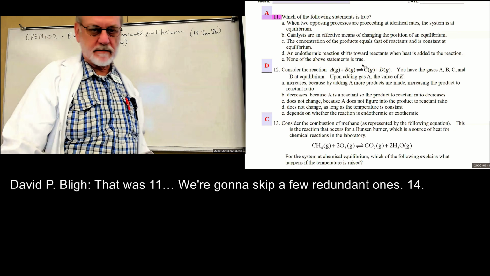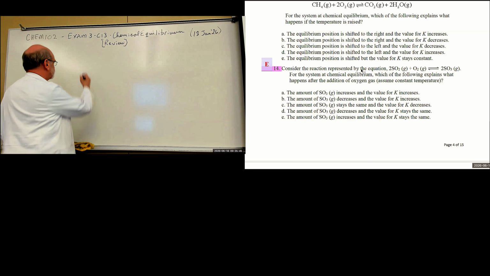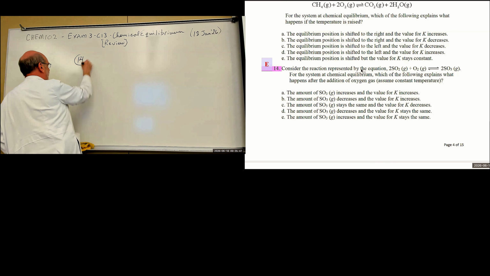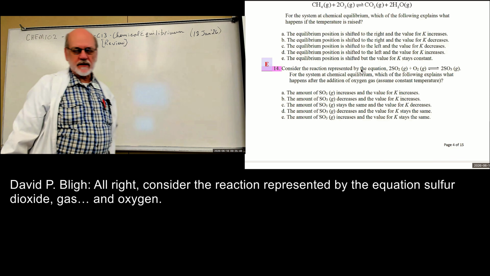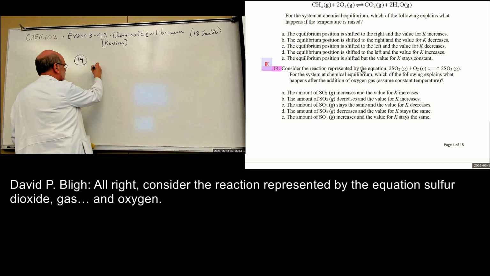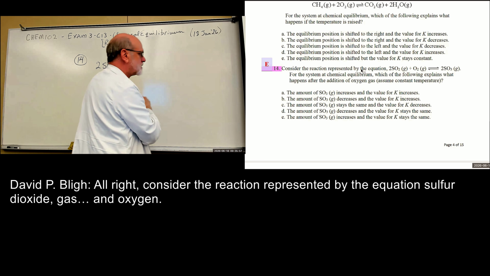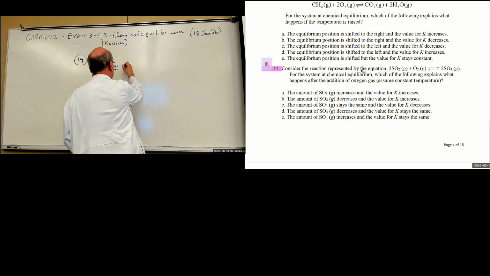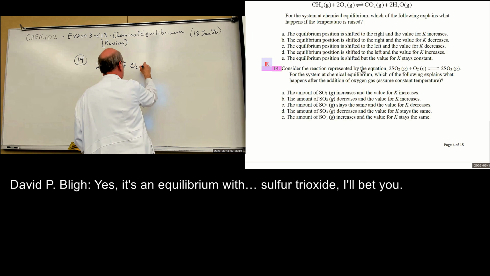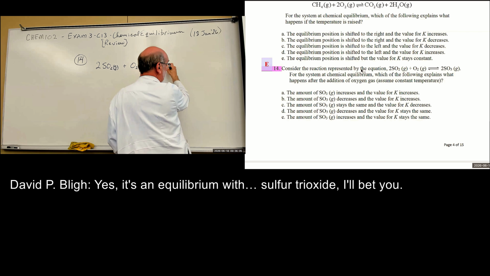That one's 11. We're going to skip a few redundant ones. 14. All right, consider the reaction represented by the equation: sulfur dioxide gas and oxygen gas is in equilibrium with sulfur trioxide, I'll bet you.